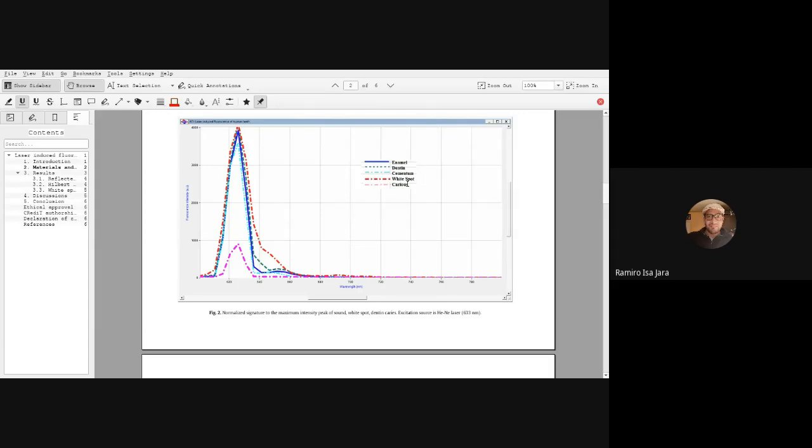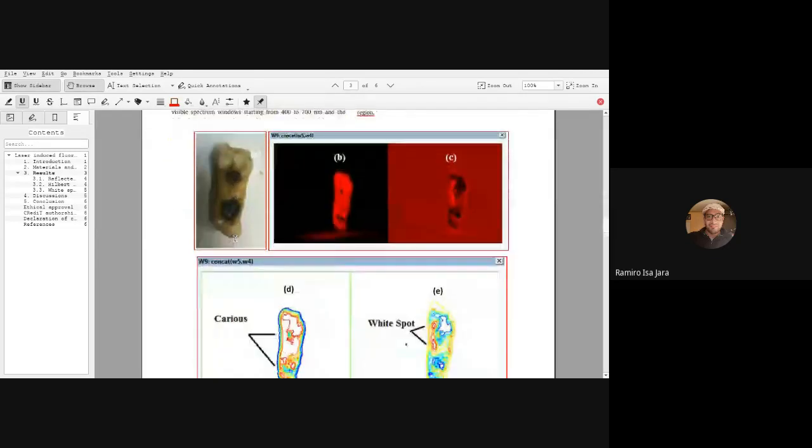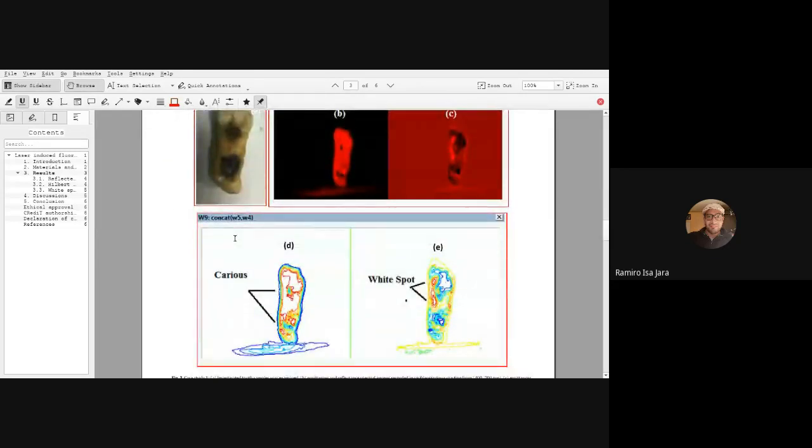In this image, for example, the white spot, which is the objective of this research, is described with the highest peak. In this image, the wavelength is 633 nanometers. With this characteristic, white spot early detection is focused on avoiding late detection of caries.